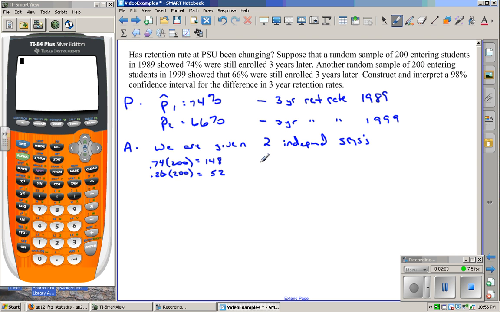And then for the other one, we would do 0.66 times 200, and 0.34 times 200. That's going to be 132, and that's going to be 68. All are greater than 10. So normality can be assumed.